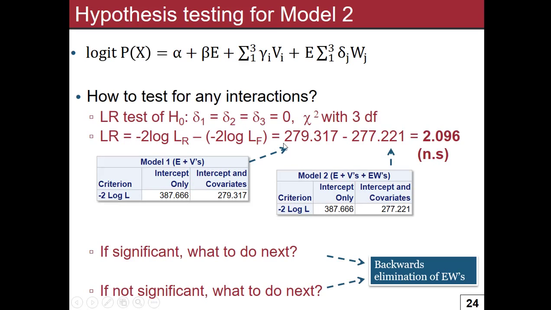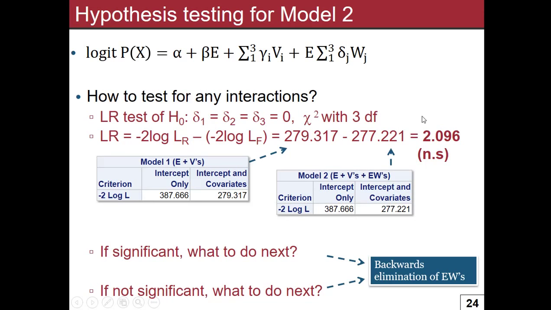This is the output for model 1, the model that had just the V terms and no EW terms. Then you run a second model, model 3, that has the E's, the V's, and the EW's, and this is its output for the negative 2 log likelihood. Then we conduct a likelihood ratio test.